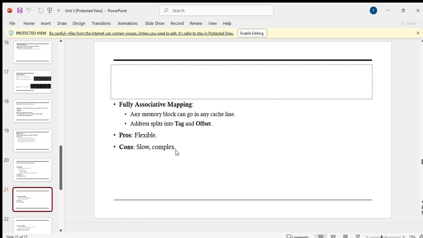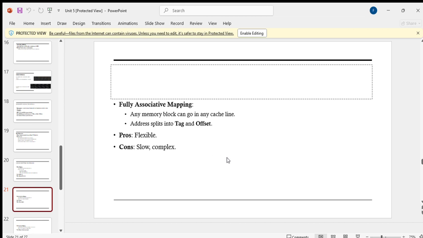The cache has to check each seat in parallel before it can store the data into memory, because it will take a lot of time for every individual to get a seat. Complex hardware, what do we mean by complex? The hardware requires comparators for every cache line, making it expensive to implement a large cache.